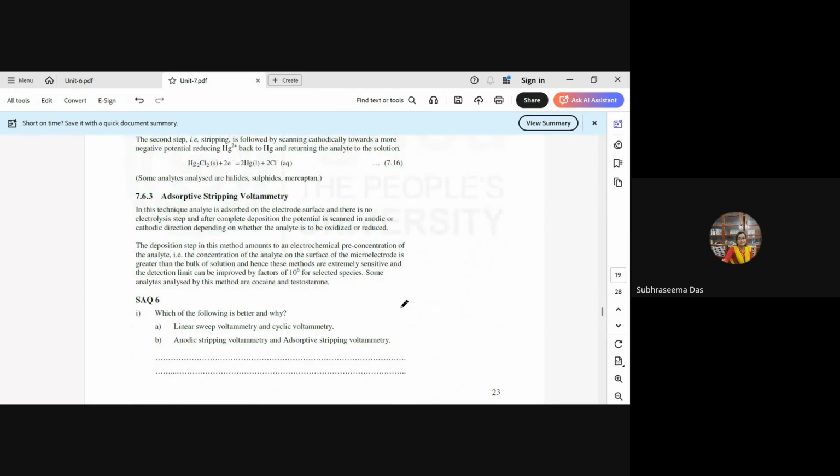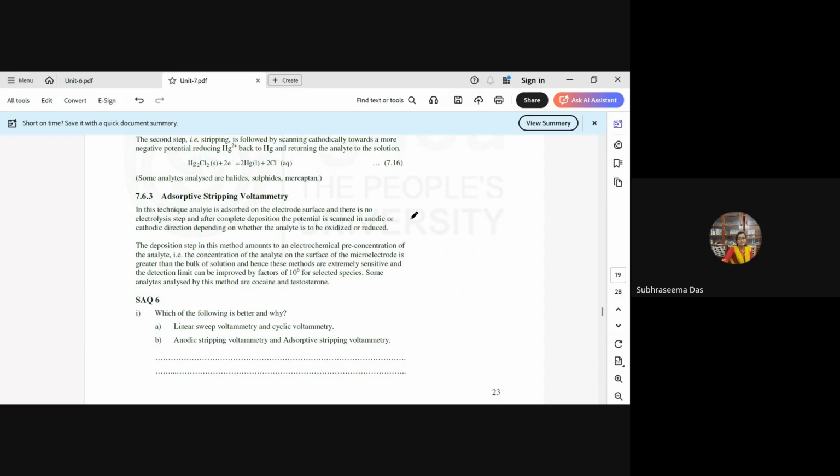Then the third is the adsorptive stripping voltammetry. In this technique, the analyte is adsorbed on the electrode surface, and there is no electrolysis step, and after complete deposition, the potential is scanned in the anodic or cathodic direction depending on the type of analyte which is to be oxidized or reduced.